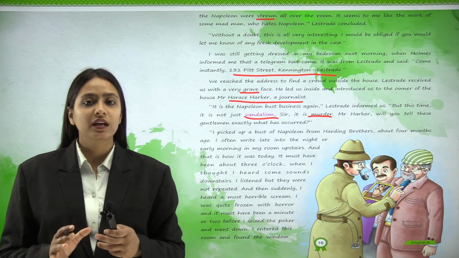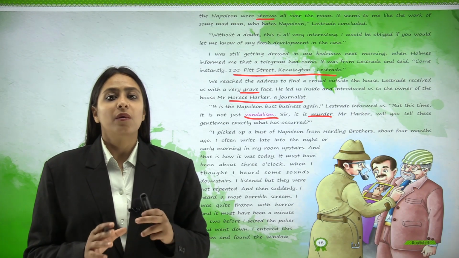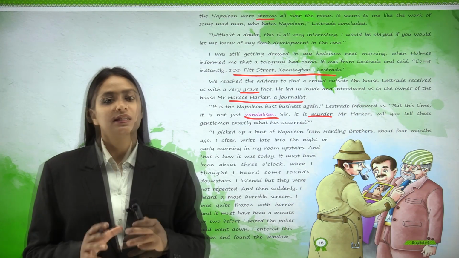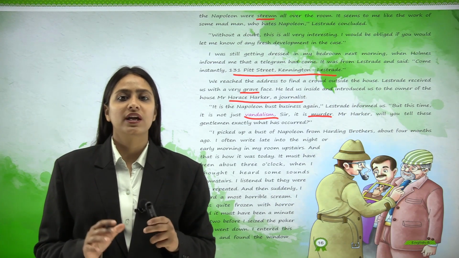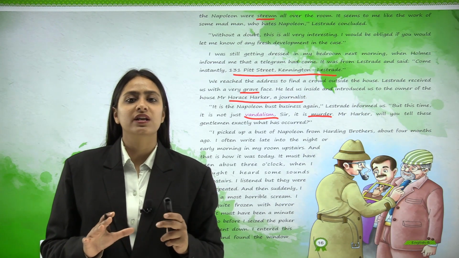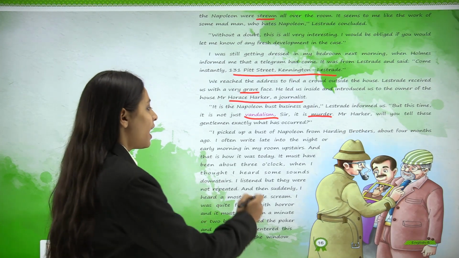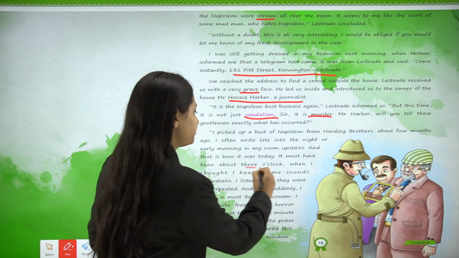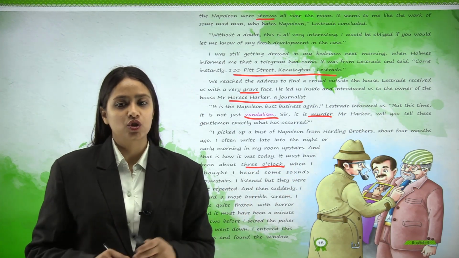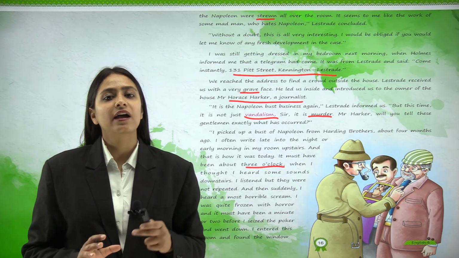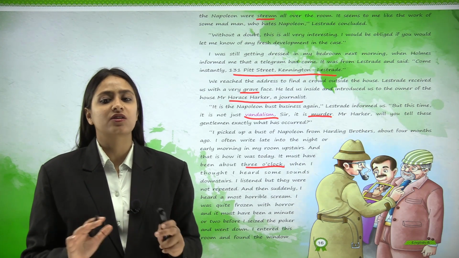It must have been about 3 o'clock when I thought I heard some sounds upstairs. So now Horace Harker is telling that I usually write early morning and late at night, and around 3 o'clock I heard a strange noise, and then suddenly I heard a most horrible scream.